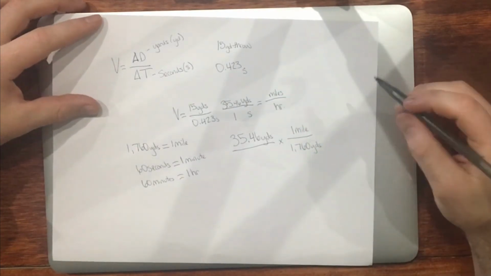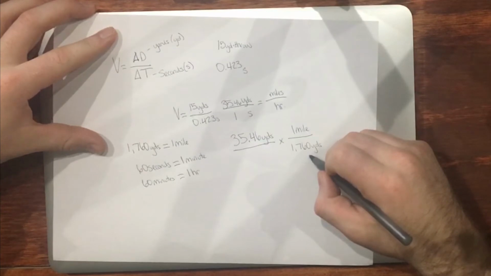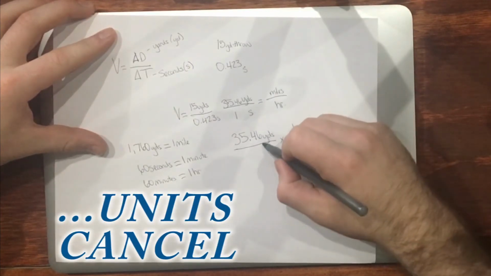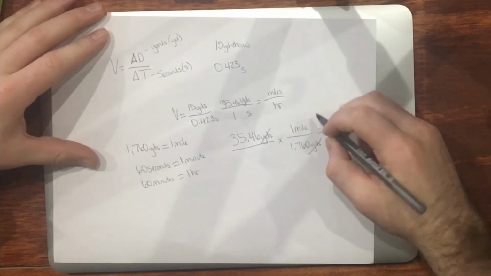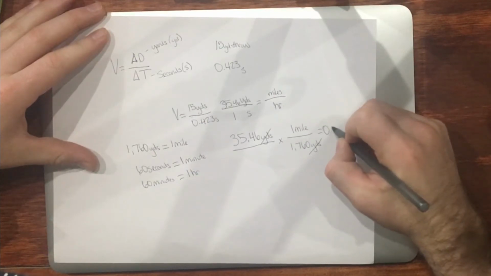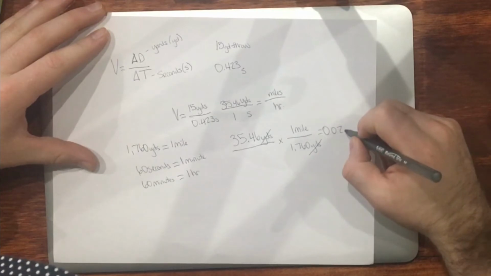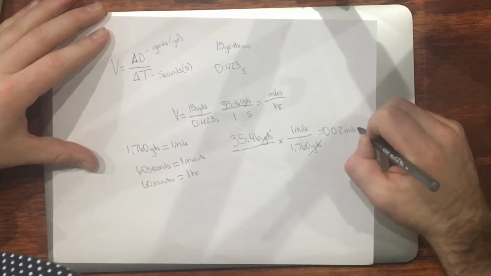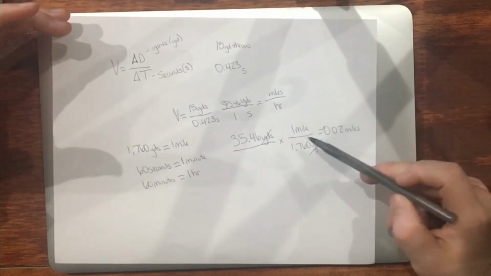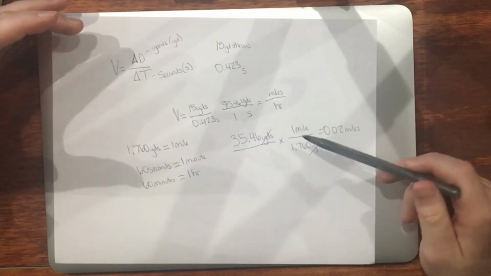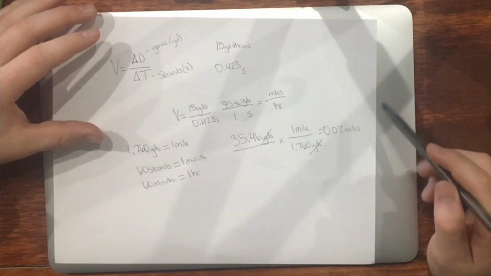And we know that we're doing it right when it equals 0.02 miles. So what it's saying is 35.46 yards is equal to 0.02 miles.